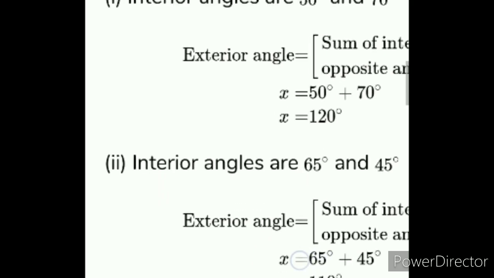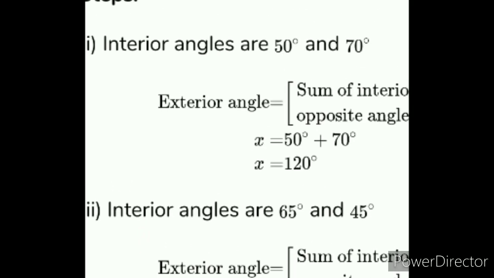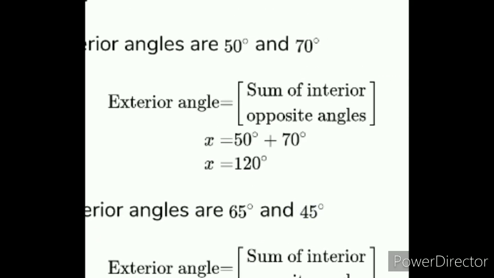Now we check the solution of this main. See, the interior angles are 50 and 70 degrees in the first figure, isn't it? The exterior angle is equal to the sum of interior opposite angles. That is 50 plus 70 is 120 degrees. Similarly, for the second question, 65 and 45 are the interior angle measures.